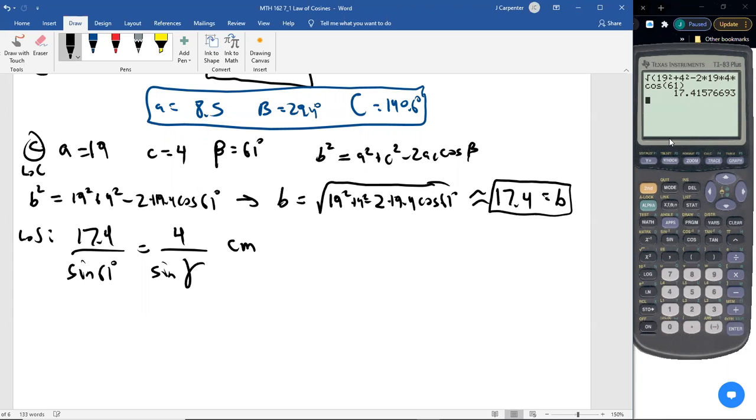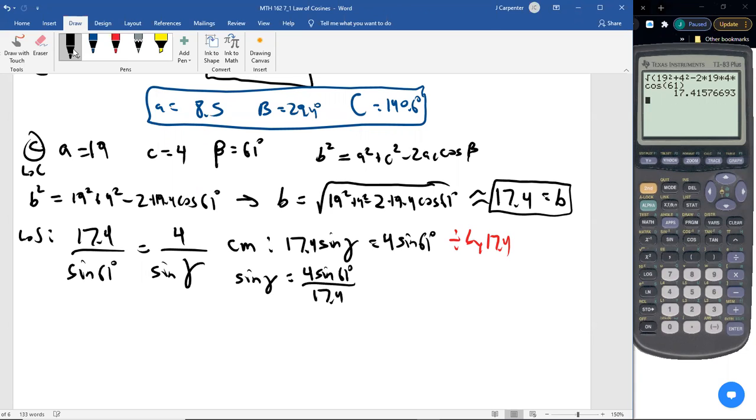Cross multiply, you know what it is, 17.4 sine of gamma equals 4 times the sine of 61 degrees. Divide both sides by 17.4, giving us the sine of gamma equals 4 sine 61 degrees over 17.4. Take the inverse sine of both sides, ultimately giving us that gamma is equal to the inverse sine of 4 sine of 61 degrees over 17.4.